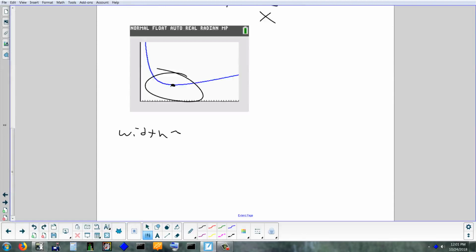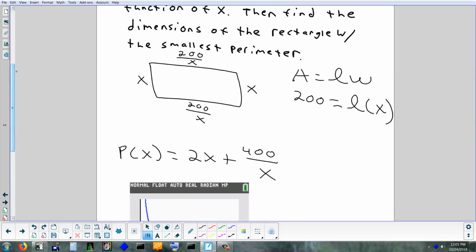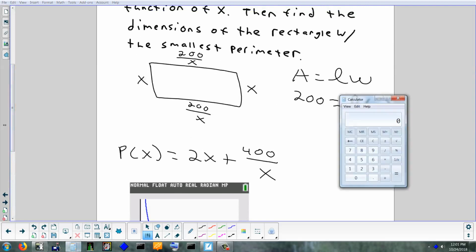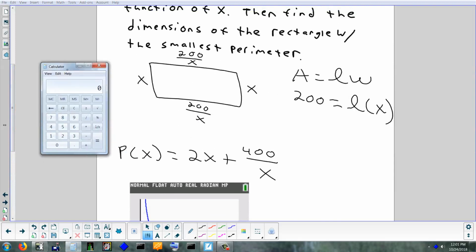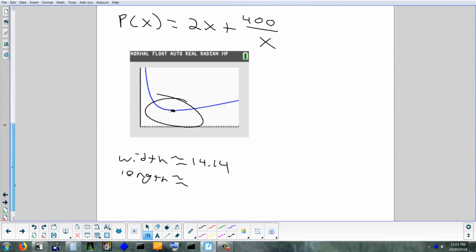X, I think, was the width. And then the length. Oh, our length was 200 divided by x. So 200 divided by 14.14. I get 14.14.